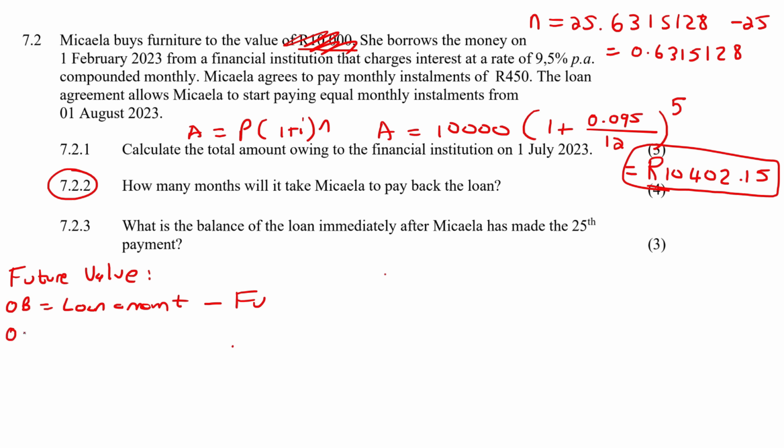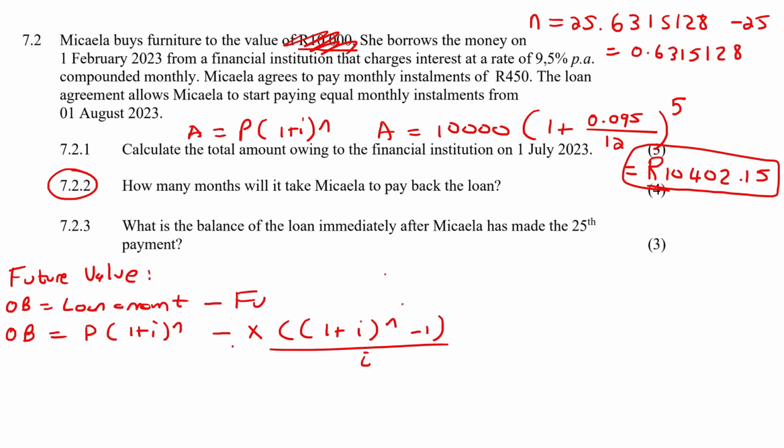So you're using the grade 11 A equals P(1 plus i) to the n formula, and then this is going to be your future value. Now, with this formula, the n is the number of payments that are already completed. It's not the number of payments you still need to complete, it's the number of payments that have already been completed. Whereas when we used the present value, it was different.